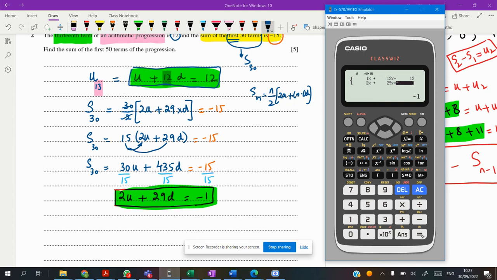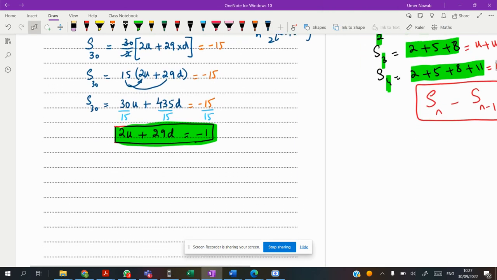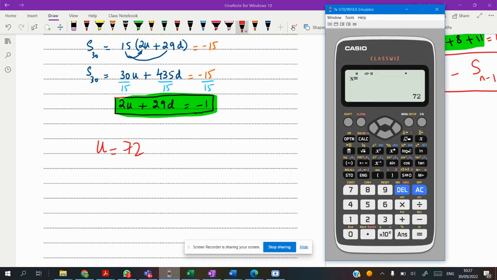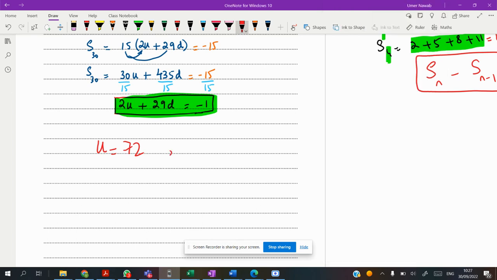One more time gives you the first value, which will definitely be the value of u because the u coefficient was written first as x. So my u is equal to 72. It tells me after solving that my first term of the sequence should be 72, and next pressing gives d as negative 5.